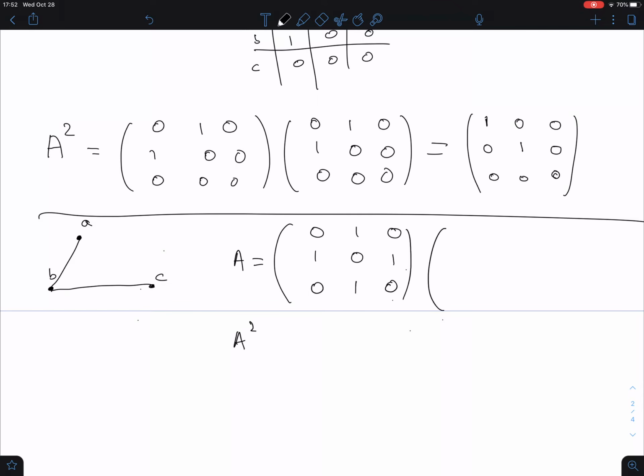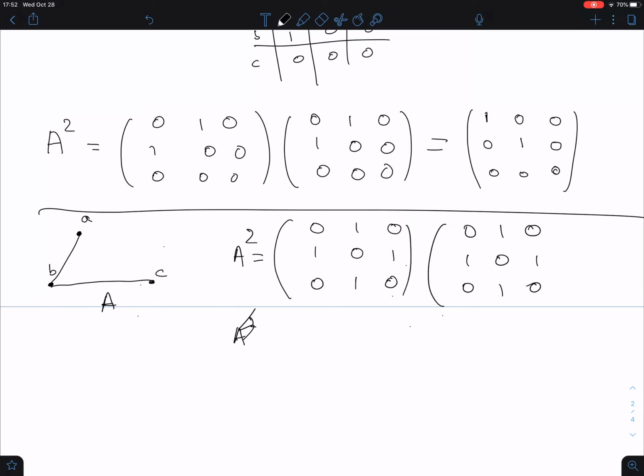So I'm going to do this here. It's easier, I don't have to copy. So I'm now calculating A square, the adjacency matrix of this graph. Okay. Let's calculate this. I'm going to go a little bit quicker here. So this times that is going to give me a 1, right? Let's see what happens here. If I multiply this with that, everything is 0, so nothing here. This with this also gives me a 1.